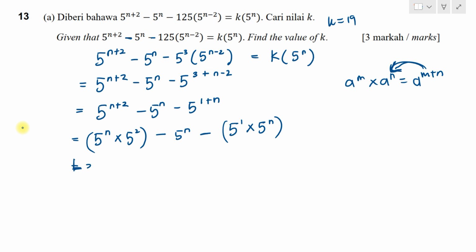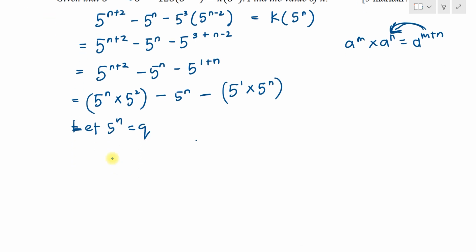Now let 5 to the n be like Q, easy. Or like k also can, but k is already given, so Q. So 5 squared multiplying 5 to the n. 5 squared is 25. 5 to the n is Q. Minus 5 to the n again, Q. Minus 5 power 1 is 5. And then 5 power n is Q. So 5Q.